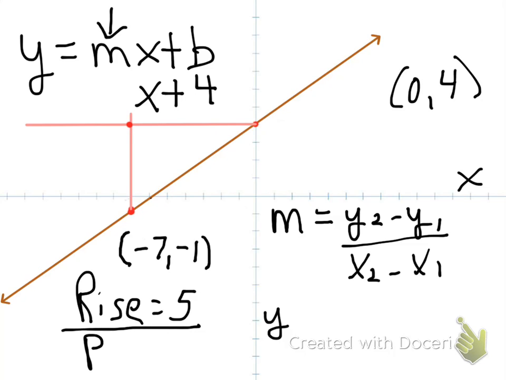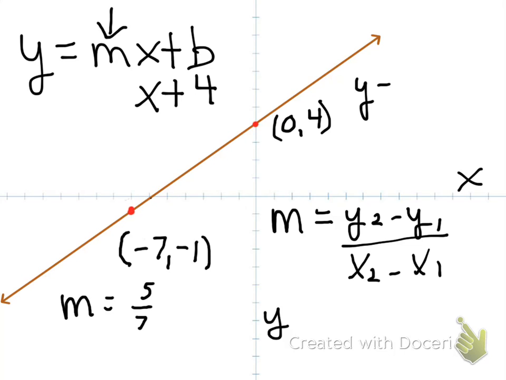Let's put that over run, because slope is rise over run. It's the vertical change divided by the horizontal change. Horizontally, you can count on your number line, but from this point to this point, 1, 2, 3, 4, 5, 6, 7. So it would be 7. So your slope is 5/7.